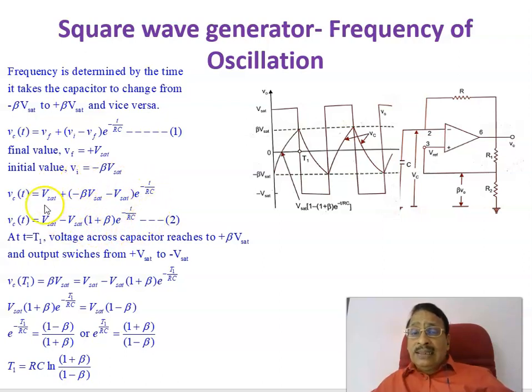Because this is the equation for the capacitor at any instant during charging, we rearrange it in this form, equation 2, and from this equation you can calculate the time period T1.